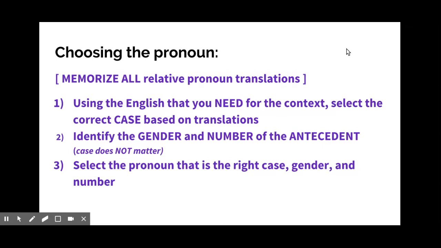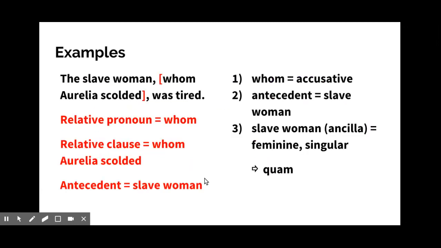Afterwards, you will select the pronoun that is the right case for the clause and the right gender and number for the antecedent. After you follow this short 3-step process, it should be easy to choose the correct pronoun. I have some examples for you.